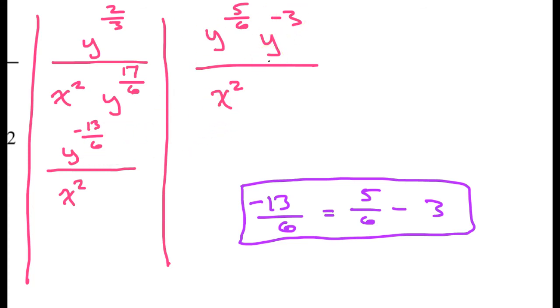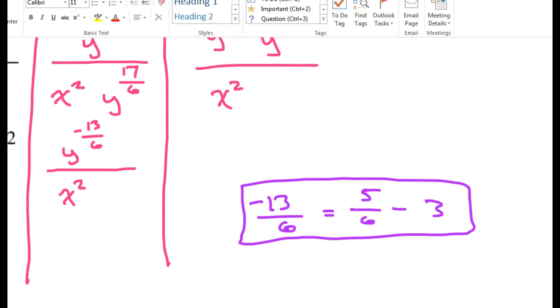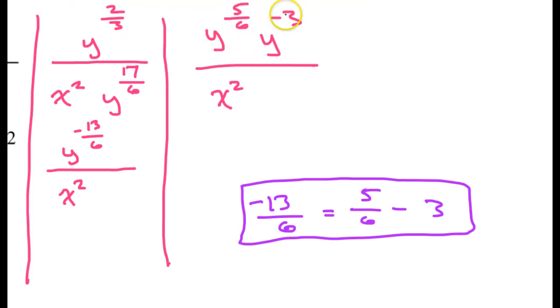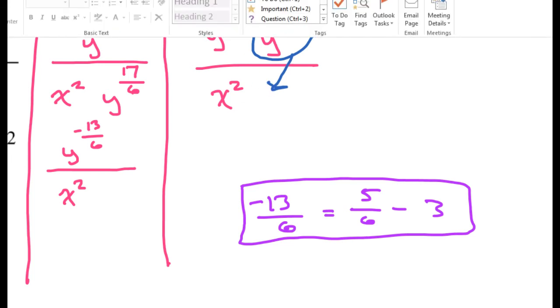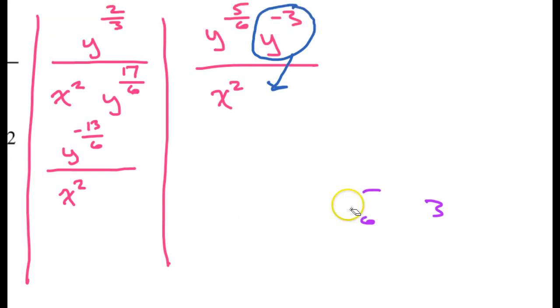Now, the benefit of this is my fraction now has a positive exponent, so that part is not going to move. The only thing that's going to move is the y to the negative 3 power. That's my negative exponent. But this is okay, because if I drop this down to the denominator, I will not have a fractional exponent in the denominator.